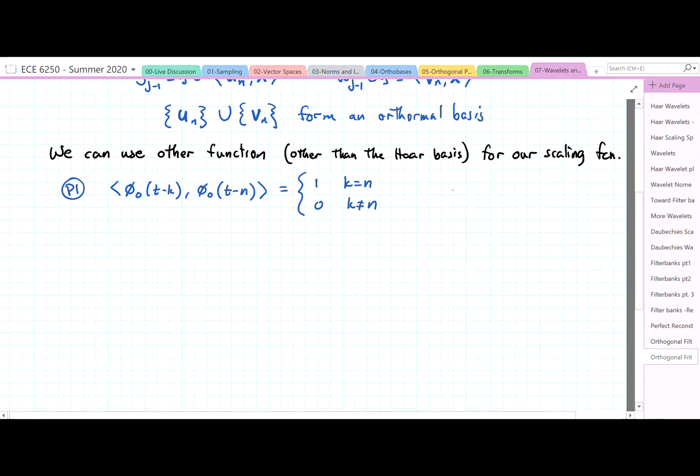And so the first property that must hold is that we must have this orthobasis, and we're going to define for that V naught is equal to the span of this set of bases, and actually, as we discussed before, this will have to be the closure of the span.